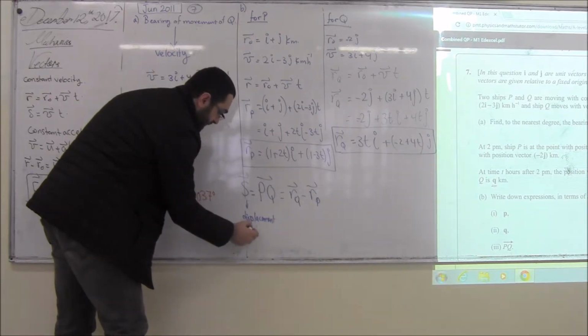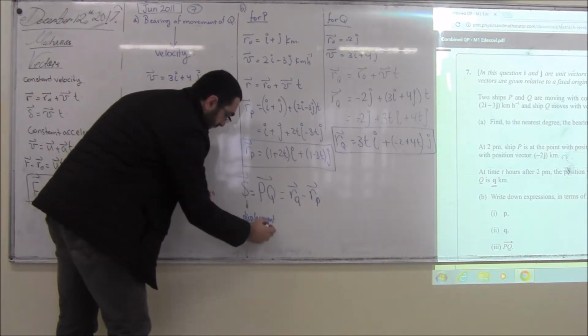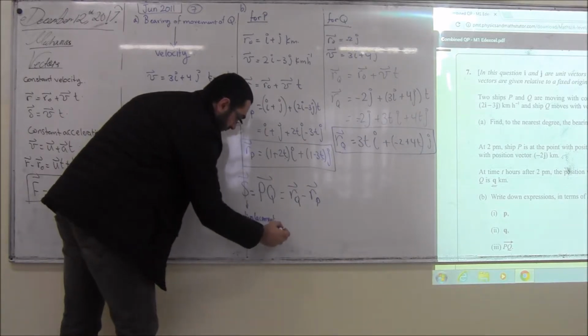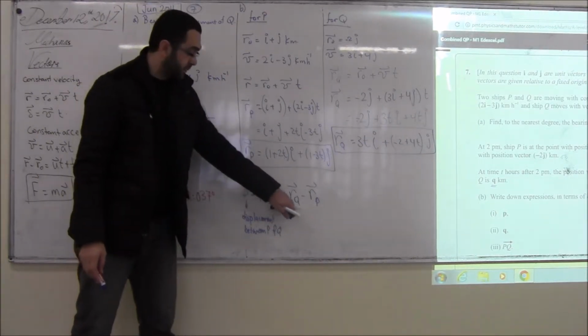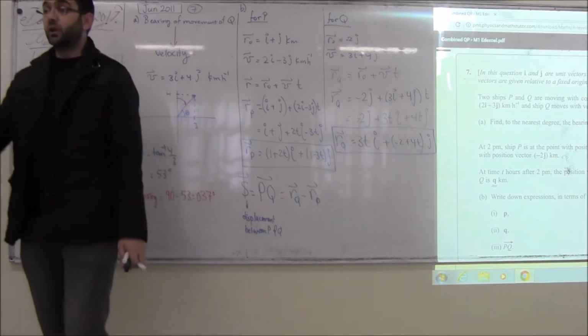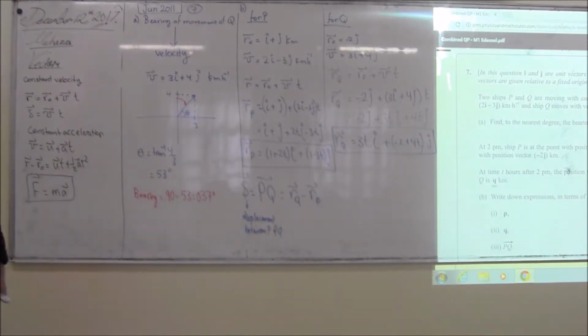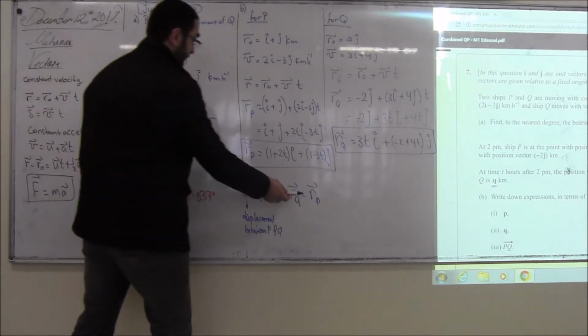Displacement between P and Q. So PQ is final minus what? Initial. Displacement is always final position minus initial position. Can I find this? Yes.